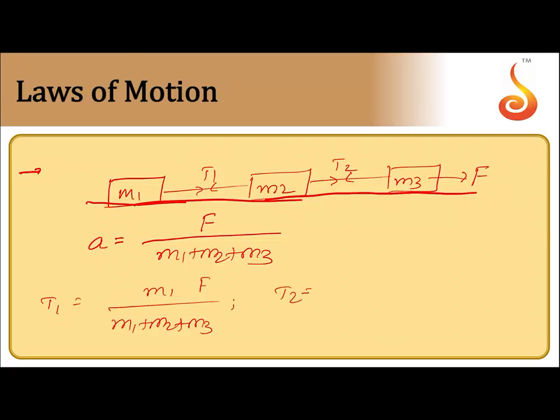T2 is equal to, this is going to be m1 plus m2 into F divided by m1 plus m2 plus m3. Correct? All right.